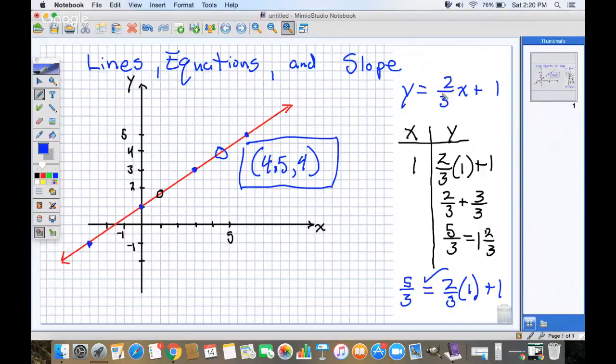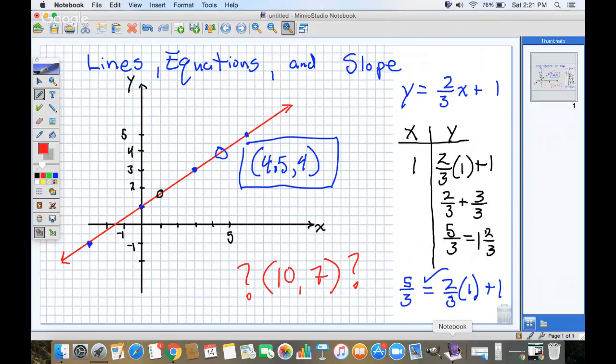solution to that equation. If somebody else said, hey, I think the point, let's see, let's pick a different point. Let's say 10, 7 is a solution, question mark, I don't know. Well, I could plug in 10 for x here and see if I get a matching 7 on the other side to check.